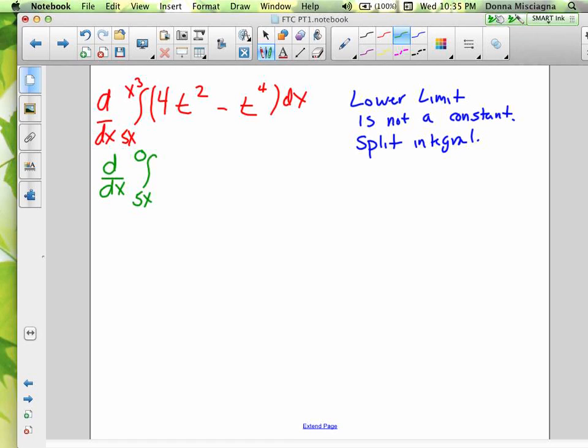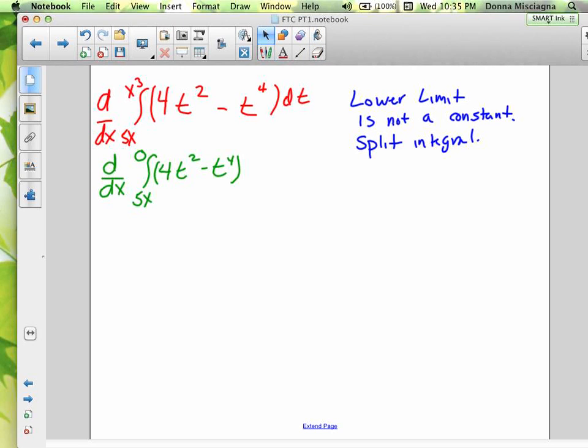So we're splitting it with the 0, and then we have 4t squared minus t to the 4th dt. Plus, now if the upper is 0 on the first part, the lower is going to be 0 on the second part.